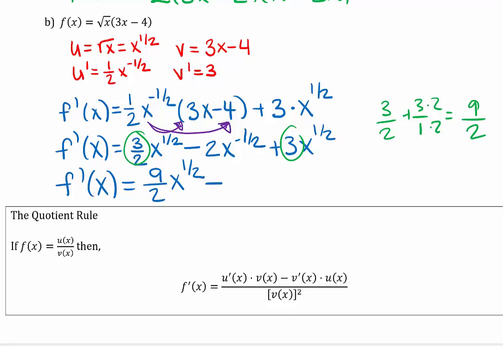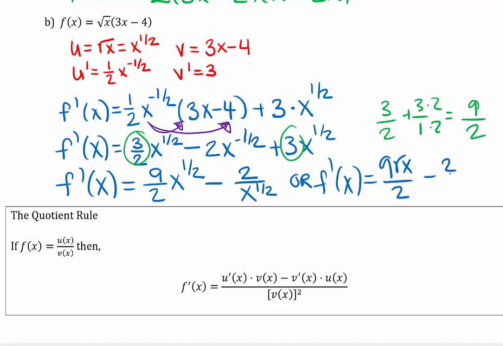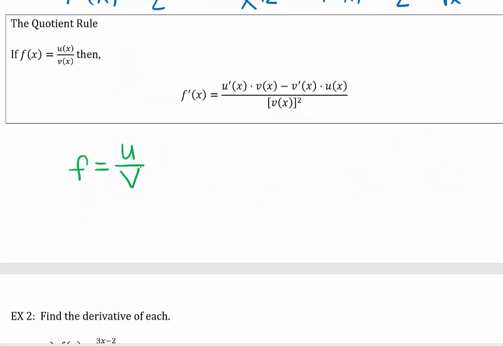minus, and I'm going to write this second term as 2 over x to the 1/2. This answer is great. You can leave it like this, or if you want to write this using radicals, you could write this as 9 square root of x over 2 minus 2 over square root of x. We also have a quotient rule.